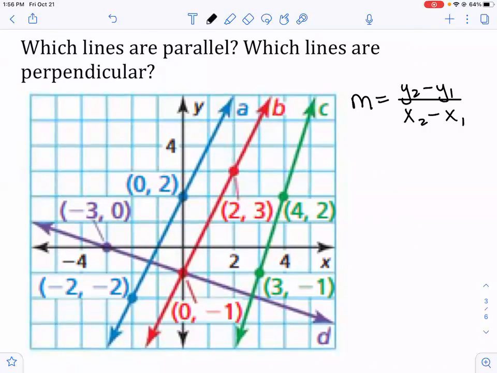Okay, you're gonna take a timeout and you're gonna listen to me. You cannot eyeball it and say, I think blue and purple are perpendicular. You need to actually have slopes to back that up.